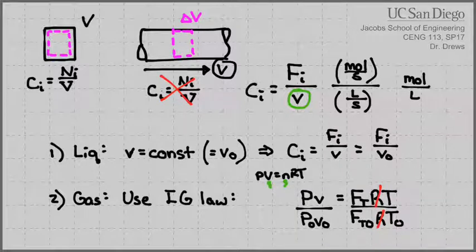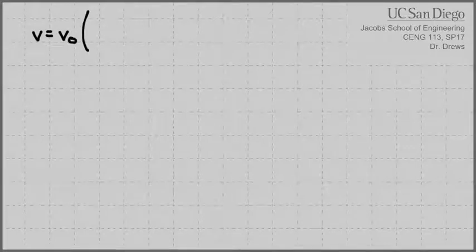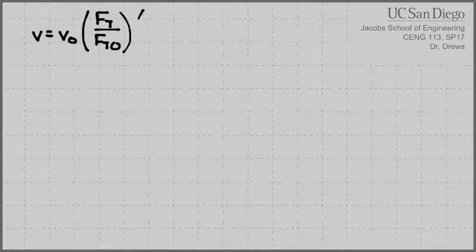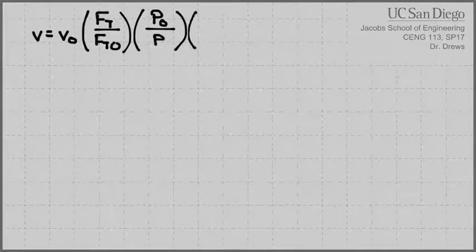I'm going to have to go over to the next page. And what we end up getting is that V is equal to V naught times a bunch of quantities, which you should be able to show just by rearranging that ideal gas law, assuming that I did my algebra right, which is not always a given.